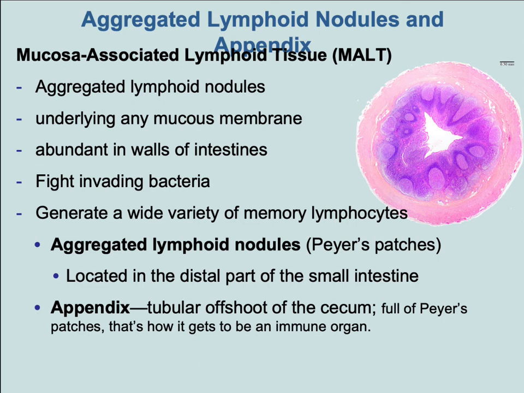These aggregated lymphoid nodules can be found in different parts of our body, and one of the types is called mucosa-associated lymphoid tissue, or MALT for short. Okay, and they can be found underlying any mucous membrane. So as you can imagine, they serve as a first-line defense. Whatever pathogen is trying to invade your body, okay, these are ready to attack.